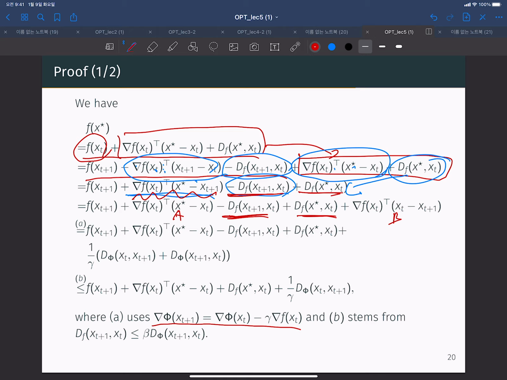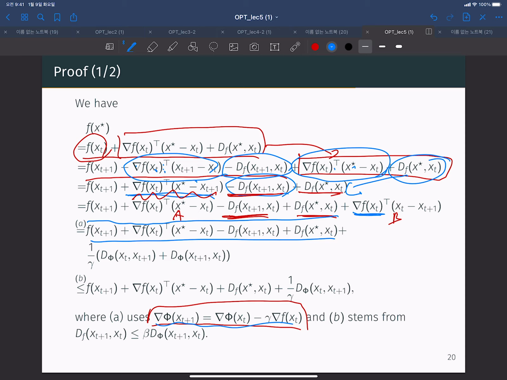Since there is no constraint, y_{t+1} is equal to x_{t+1}. And we know that the gradient of pi(x_{t+1}) is equal to the gradient of pi(x_t) minus gamma times the gradient of f(x_t). Using this equation, I just rewrite the first four terms here, and I replace this gradient of f(x_t) transpose using this notation.